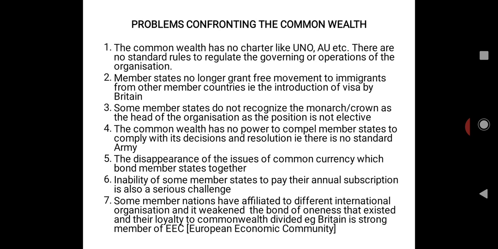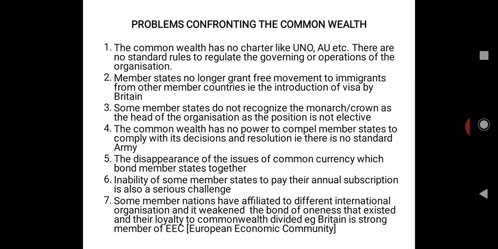It's a big problem. If there are no standard rules, member states will behave anyhow. They will know that they could not be held responsible if they go against such rules. It's a very big problem if there is no charter like that of the UNO or the AU.